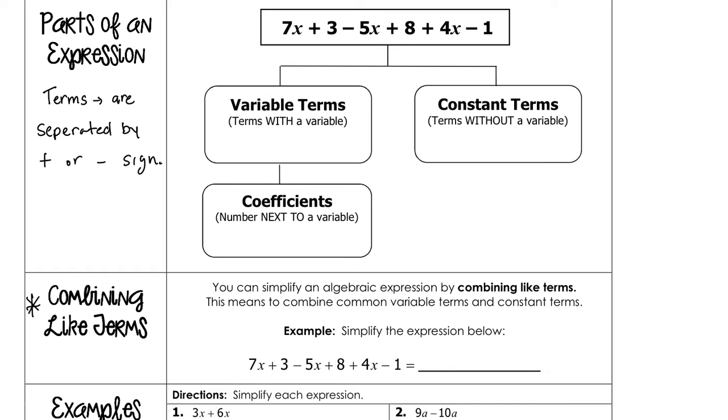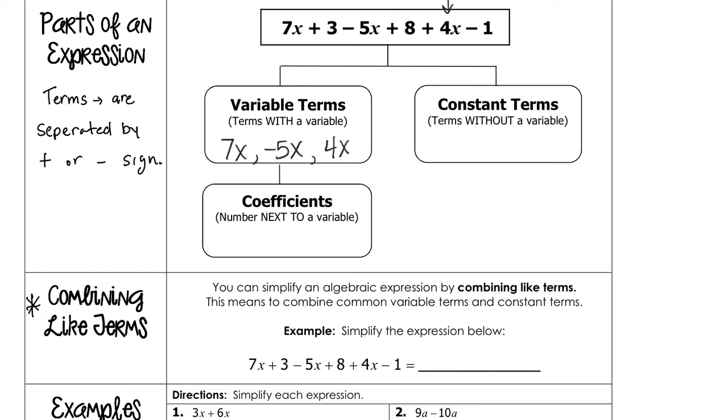The things that have a variable are 7x, and the other thing that has a variable is this negative 5x. Please note that I am including the sign in front of these things. If you look in front of the 5 here, I am including the negative that's in front of it. That's an important piece. The next thing I have is this 4x. So these are all my variable terms.